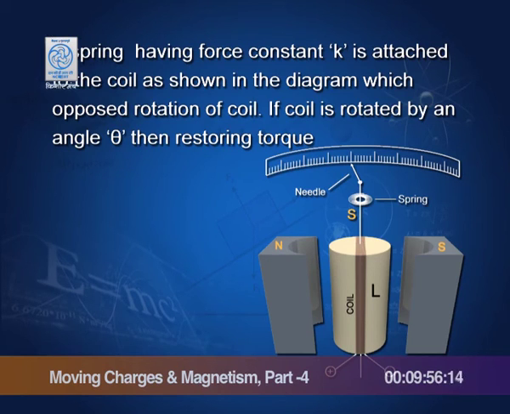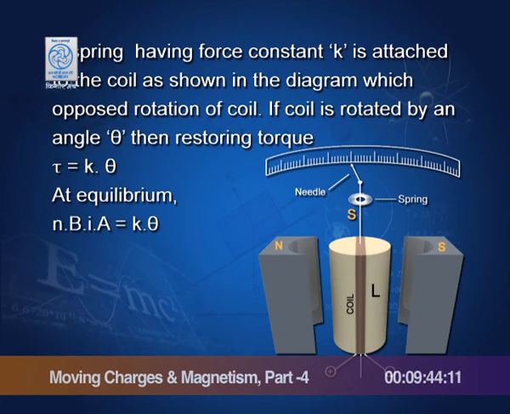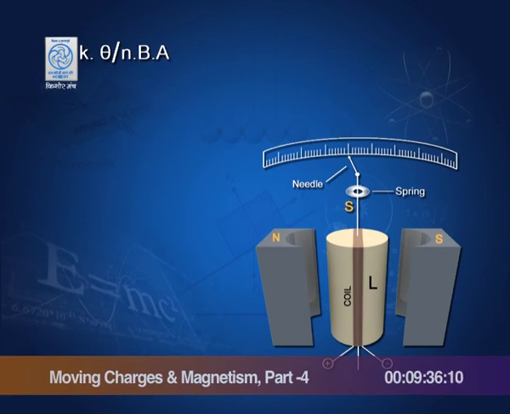If at any instant the coil is rotated by an angle theta, then the restoring torque tau will be equal to K into theta. At equilibrium situation, the torque nBIA is equal to K into theta. From here, we can calculate I equals K theta divided by nBA.